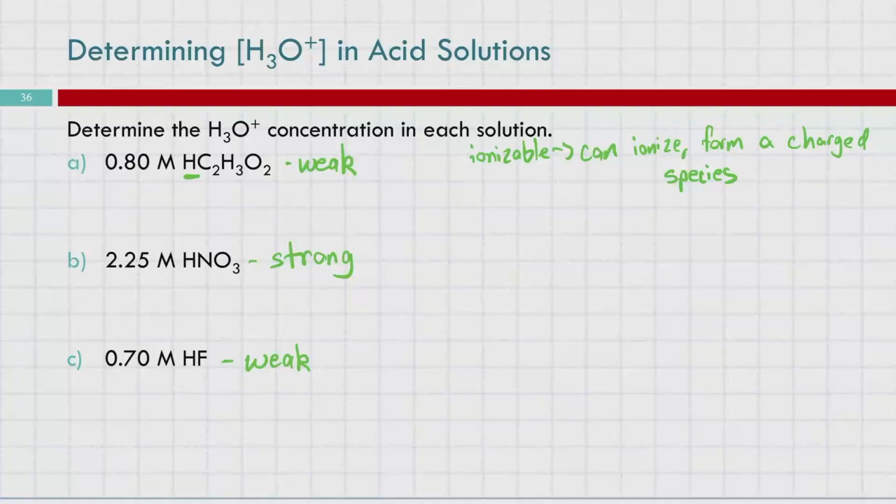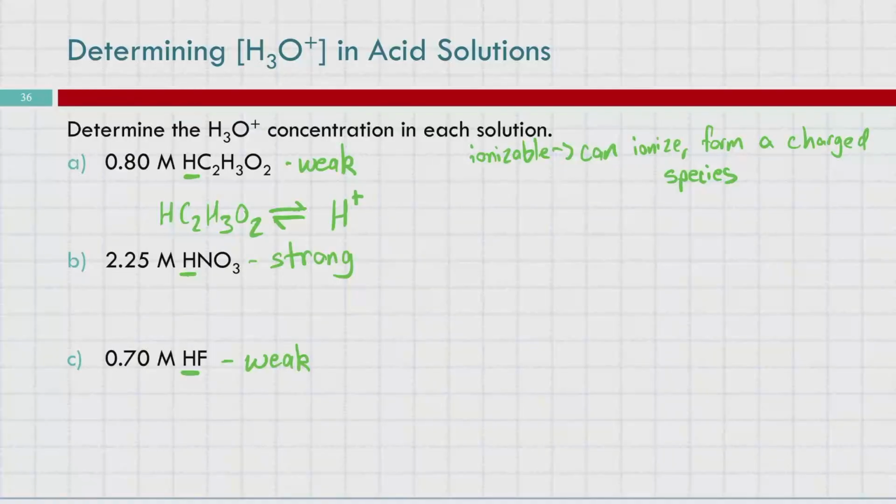And those are always going to be found in front. So we've got 1 in front of our HC2H3O2. If we were to put this into solution, into some water, it's a weak acid, so it won't completely dissociate, so we draw the double-headed arrows. It will form H3O plus, which we'll often just write as H plus.